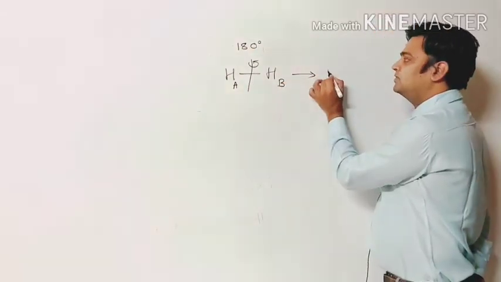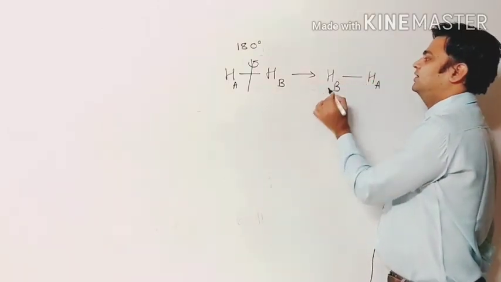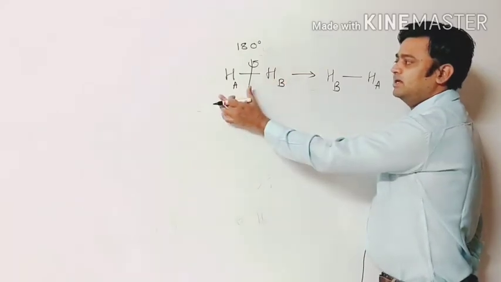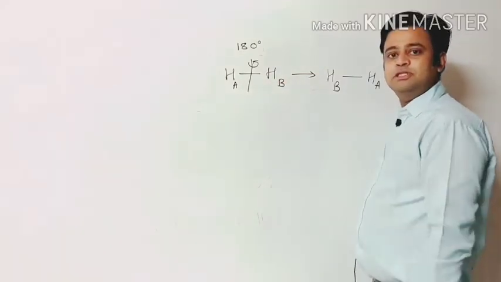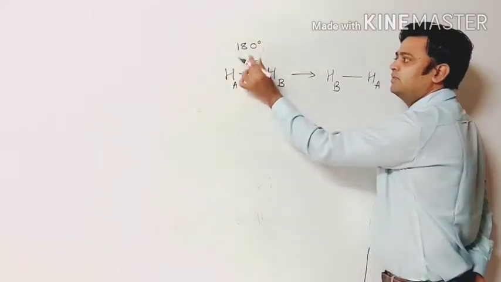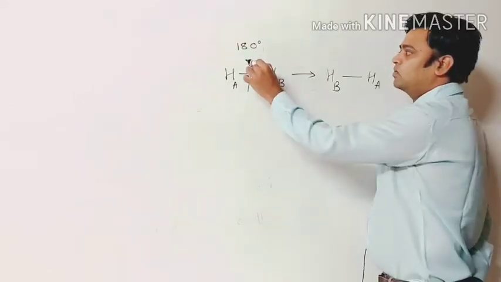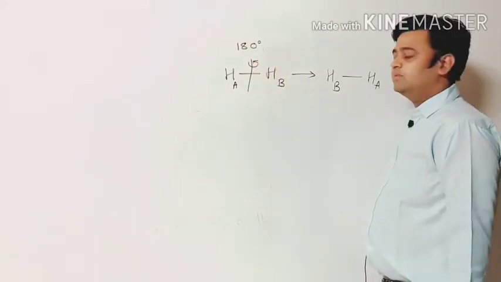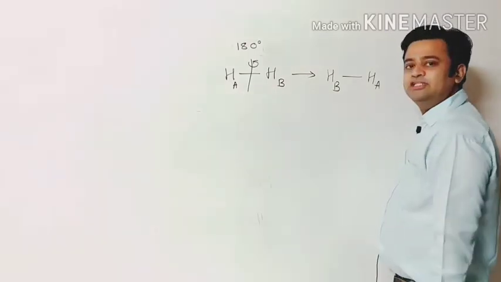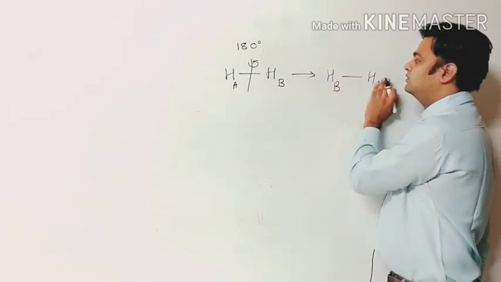What will be observed? Definitely HB and HA, meaning HB and HA have replaced their positions. Why did this happen? Because we put one axis of rotation and rotated it by 180 degrees, making the same molecule H2. It looks the same when we remove the labeling.